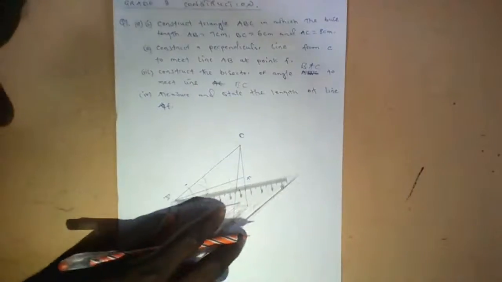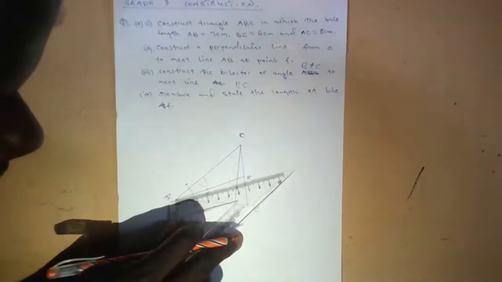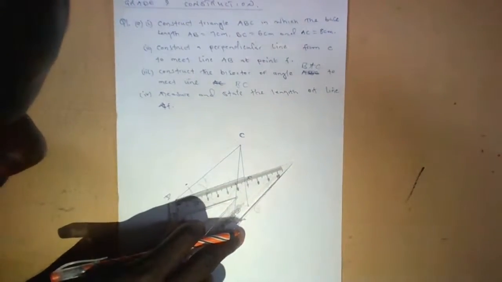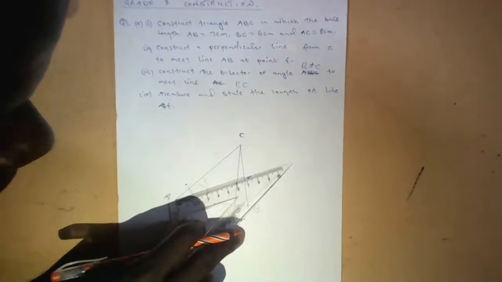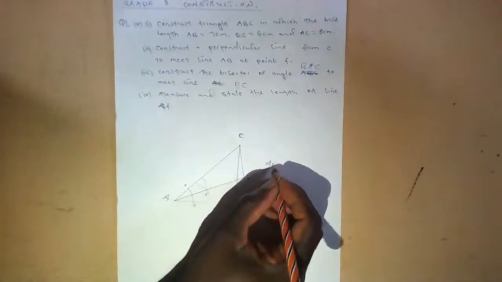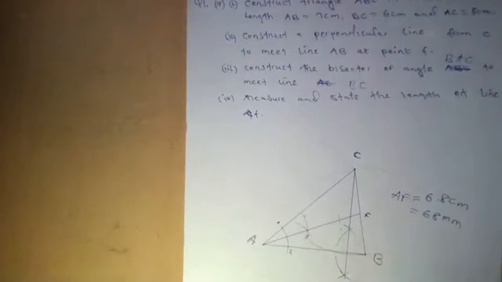According to the measurement that I'm going to take here, if you can zoom in so I can pay extra attention, it's supposed to be 6.8. So AF is equal to 6.8 centimeters or 68 millimeters. So that is how this question can be approached.